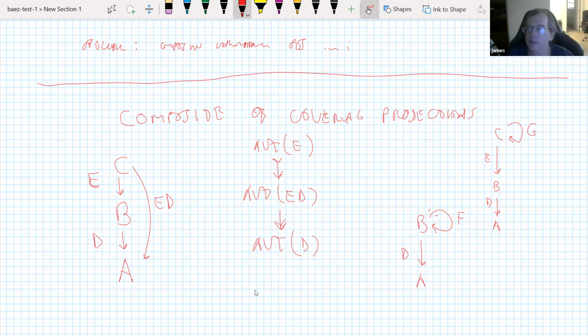Right. And it's a quotient group of the fundamental group of the base space, of the codomain.